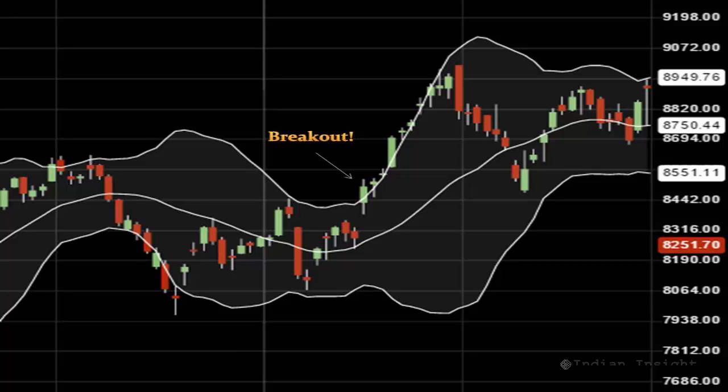So for example, a long-term investor may buy on a significant breakout above this upper Bollinger Band because such a breakout may imply a change in trend that is likely to persist for some time. Similarly, a long-term investor may sell on breakout from the lower Bollinger Band in the anticipation that the downward trend may continue for some time.